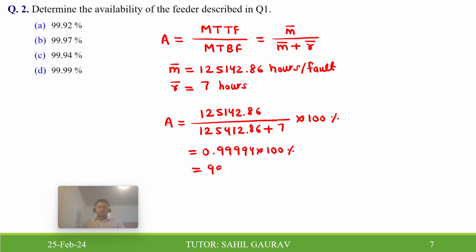So you will get 99.99%. Therefore D is the correct answer. How many of you got this D?